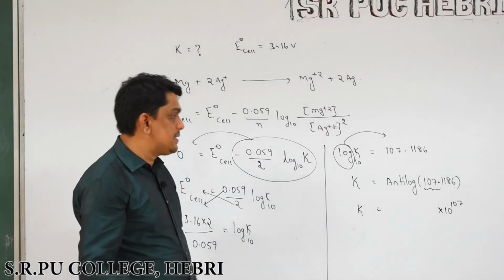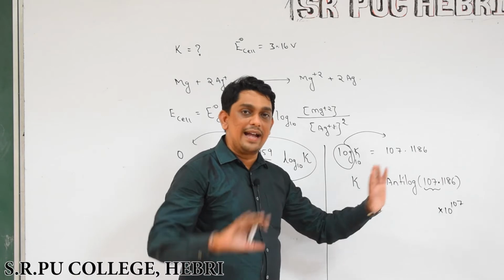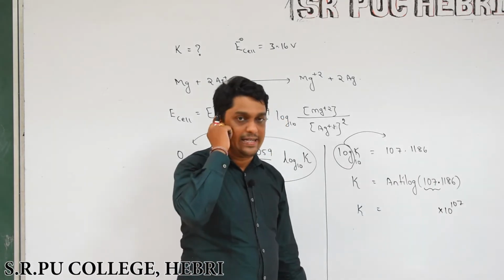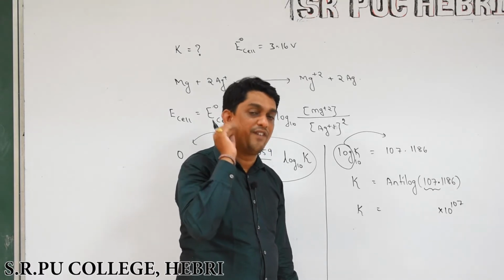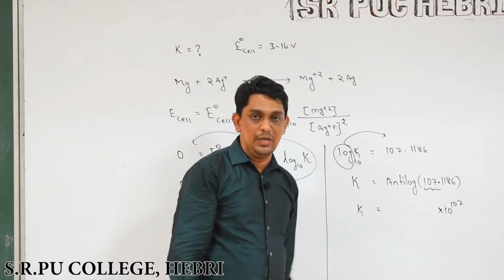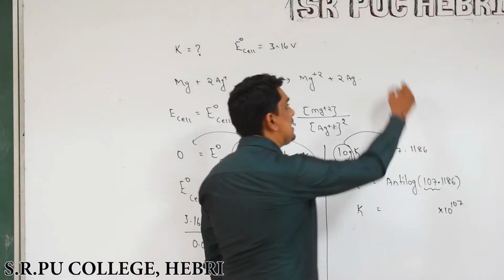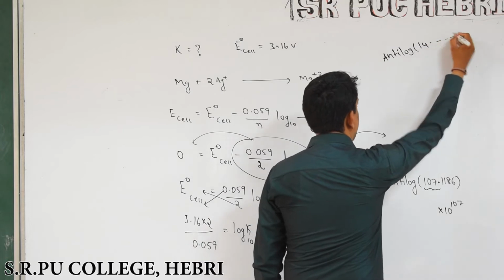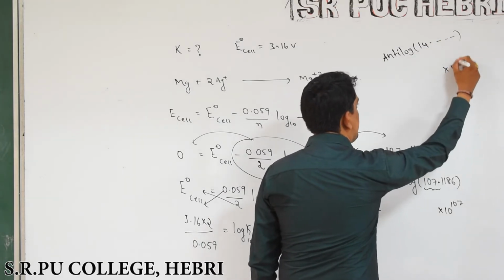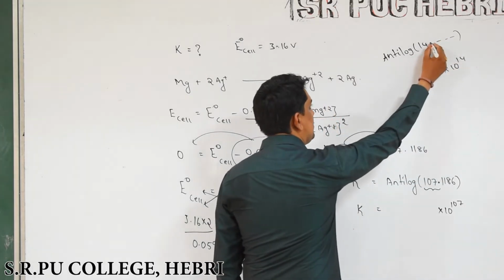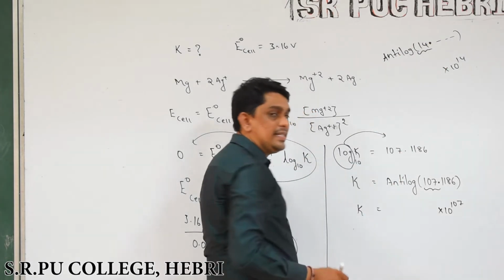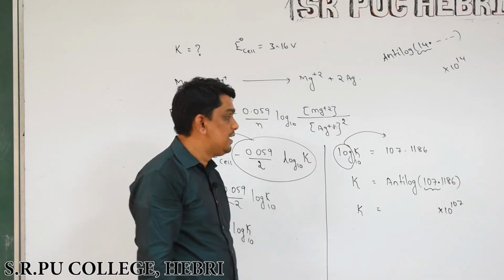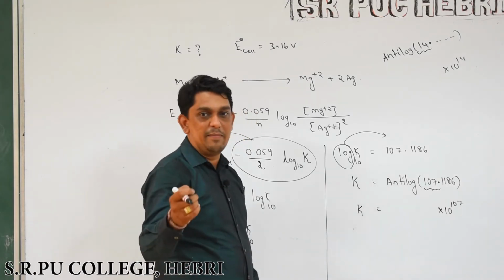Always, whenever you are finding the antilog of something, write that 10 to the power answer in the beginning itself, because I have seen you people forgetting to write this power value. Fine. So if it is like antilog of 14 point something, your answer is in 10 to the power 14. So before the decimal point, whatever value is there, that value becomes the power of 10 whenever you see antilog values.